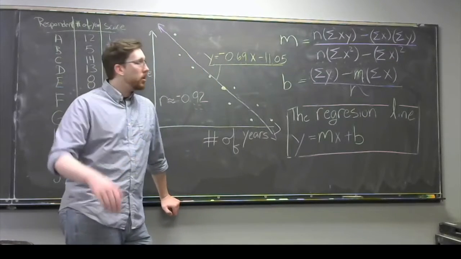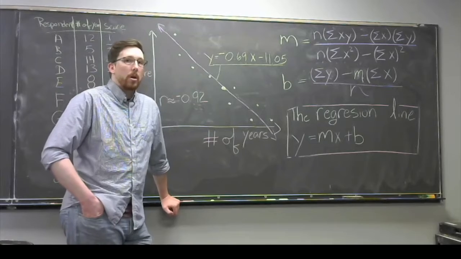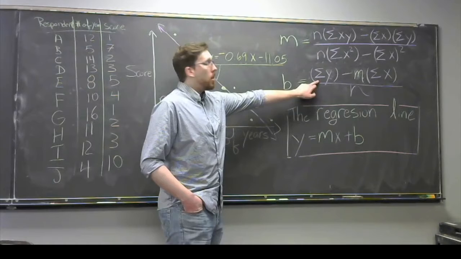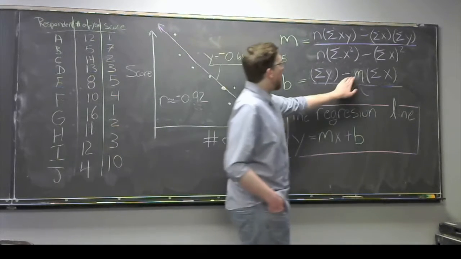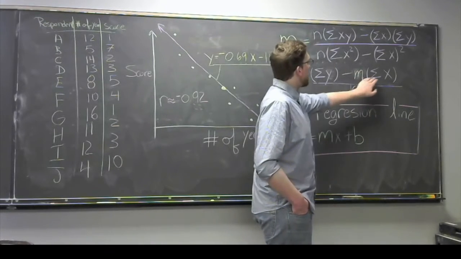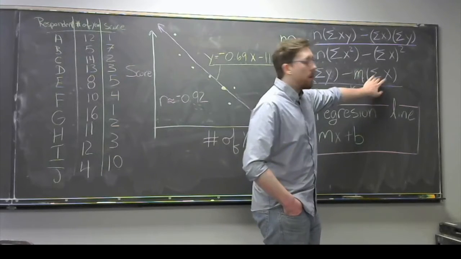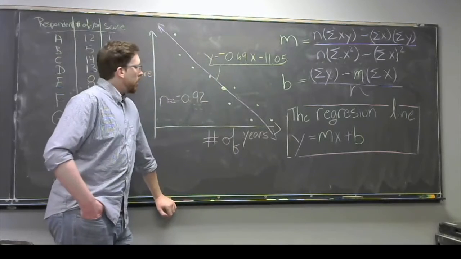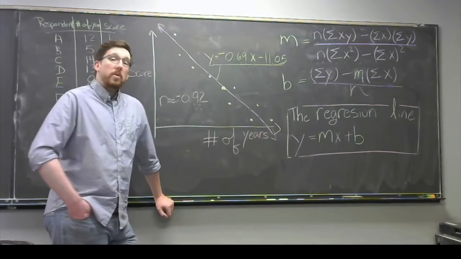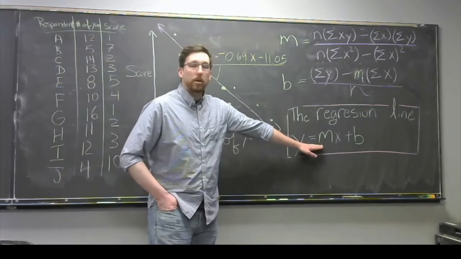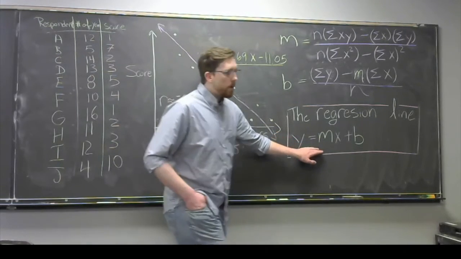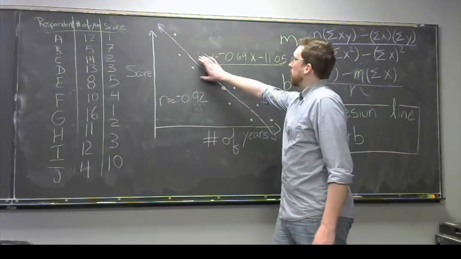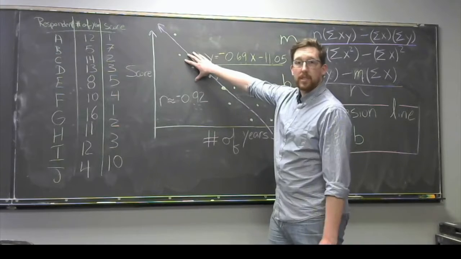So that's m. B, the intercept, that's going to be the sum of y minus m times the sum of x, all of that divided by n. And then we put it together in a nice little equation. This equation here, all this put together, represents or provides us with the equation for this line.